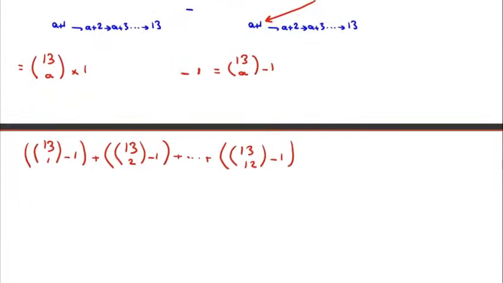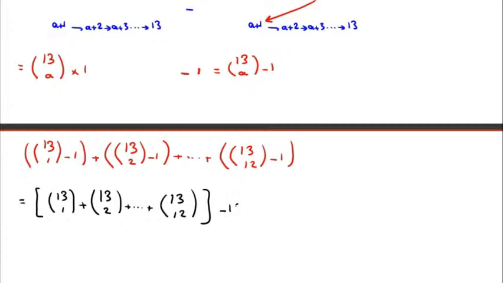For calculating this, the first part is 13 choose 1 plus 13 choose 2 plus up to 13 choose 12. How many negative ones are there? Minus 12.